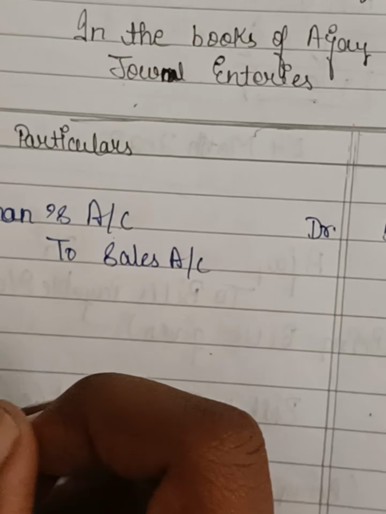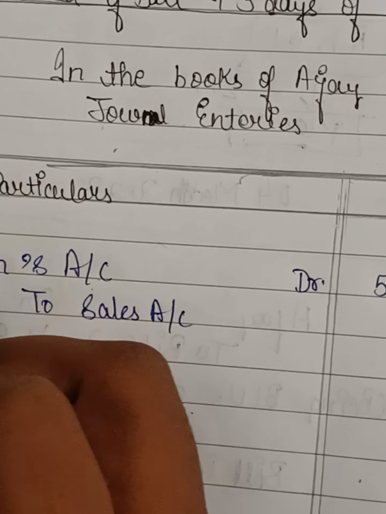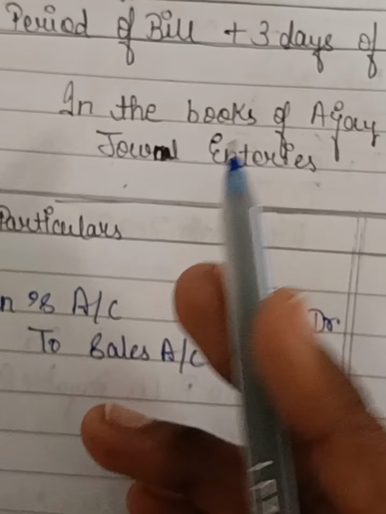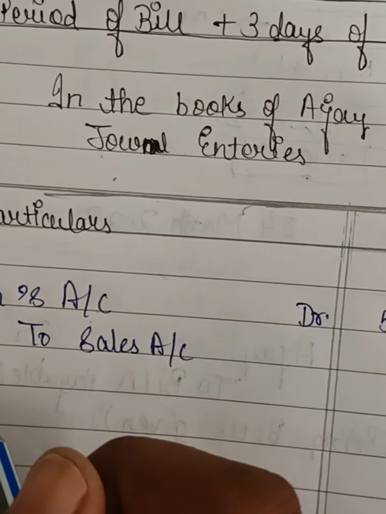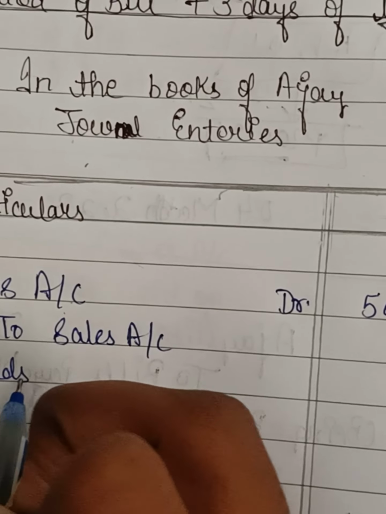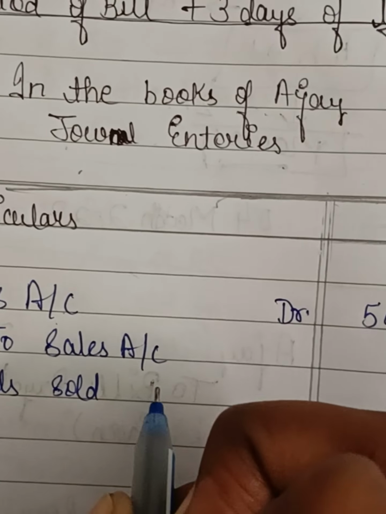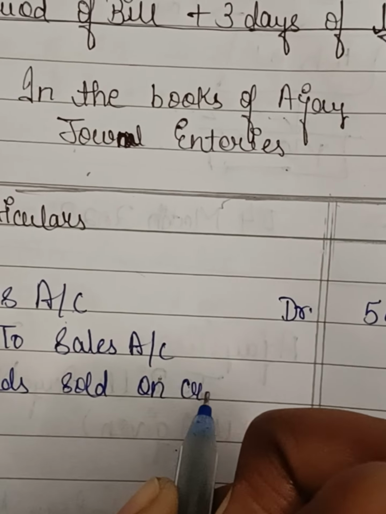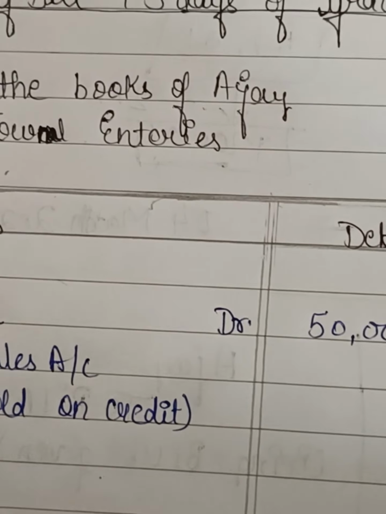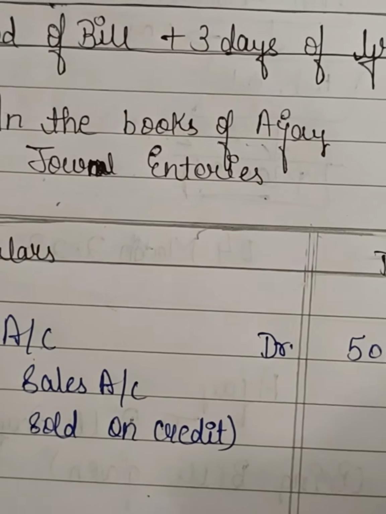What will be the narration? We are writing in the books of Ajay, right? Remember that. So the narration will be: being goods sold on credit. Here to sales account 50,000.